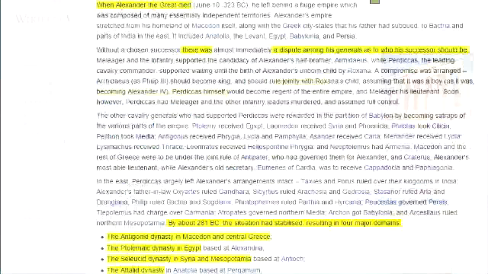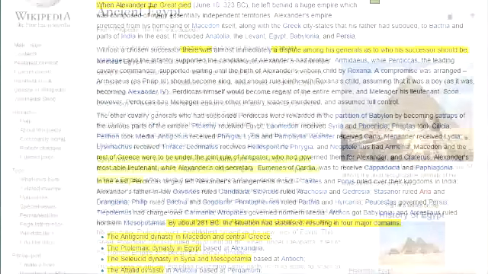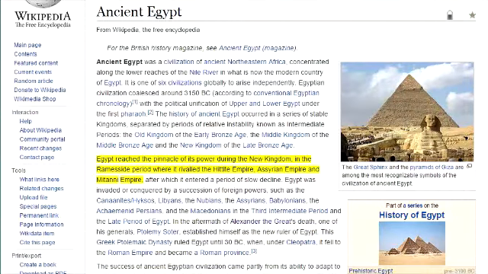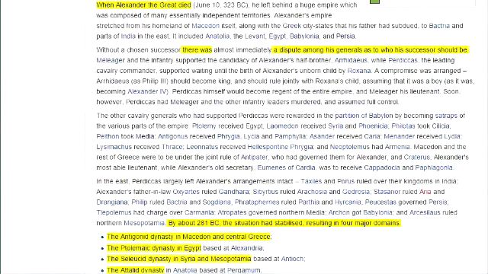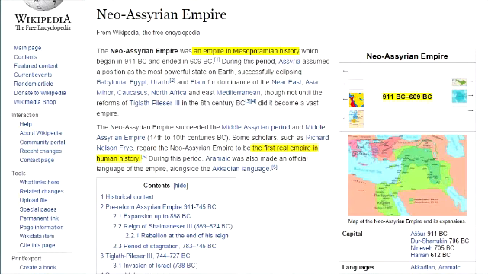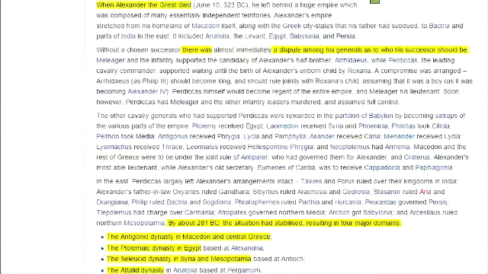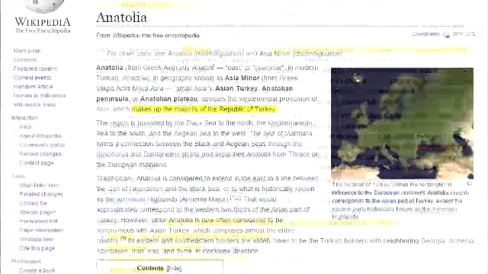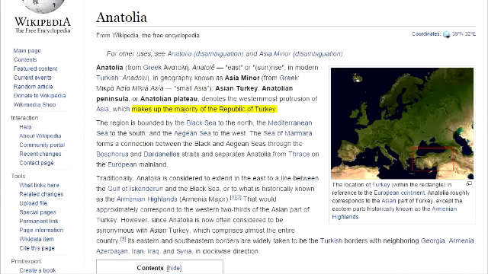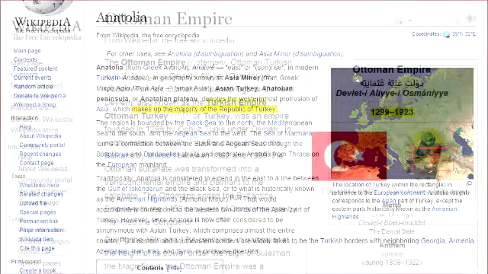The Ptolemaic dynasty in Egypt represented the ancient Egyptian Empire. And the Seleucid dynasty in Syria and Mesopotamia represented the ancient Neo-Assyrian Empire.